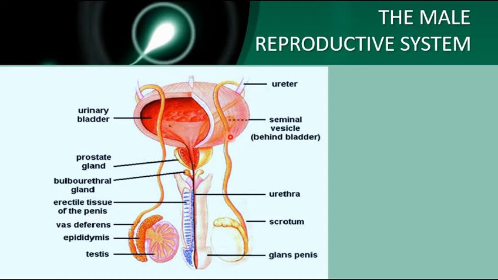These sugars serve as energy, and the fluid will buffer the reaction of the sperm with the acidic medium of the female genital tract. So it acts as a buffering agent.